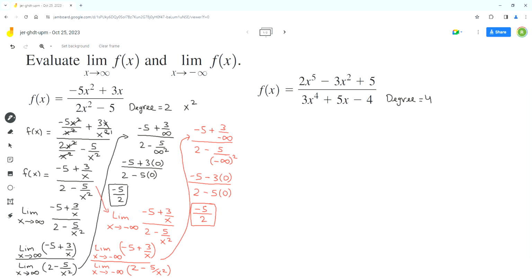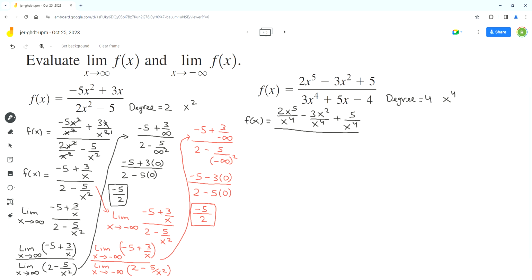That means we'll divide each term in the numerator and the denominator by x to the power 4. So we can do that. So f at x equals 2x^5 over x^4, minus 3x^2 over x^4, and then plus 5 over x^4.